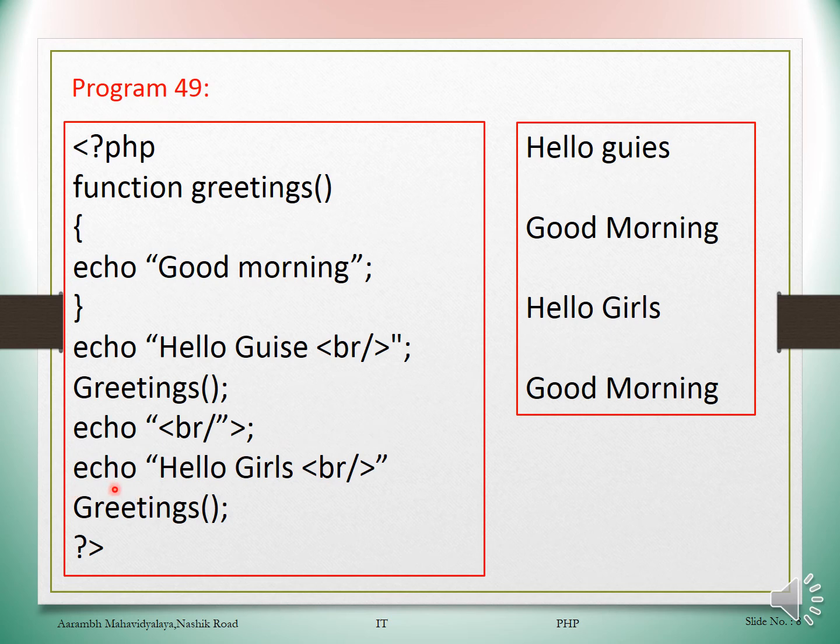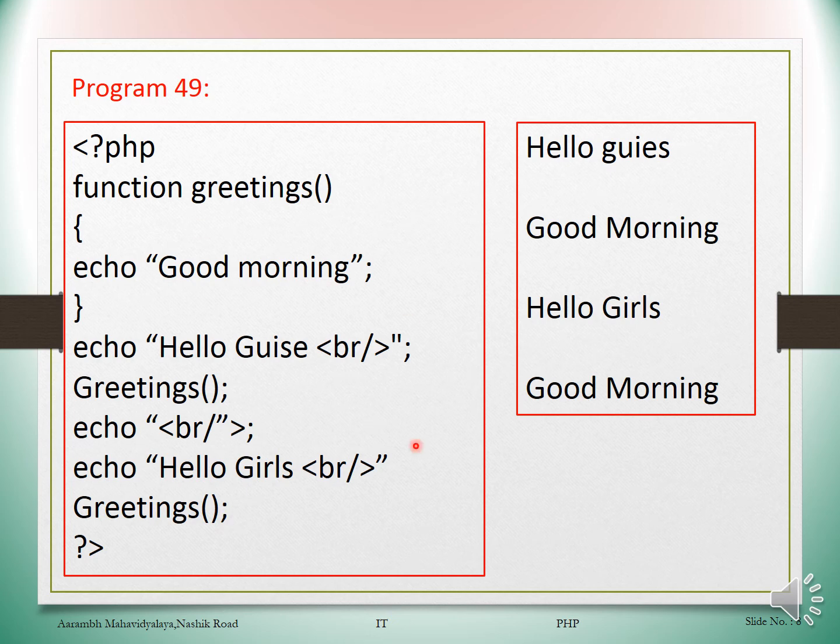Then again displayed the message hello girls, then again provided the break, and finally we again called the function greetings. Now here we have defined the greetings function only once but called it twice. We are not calling this function here, we are calling this function here and here only.